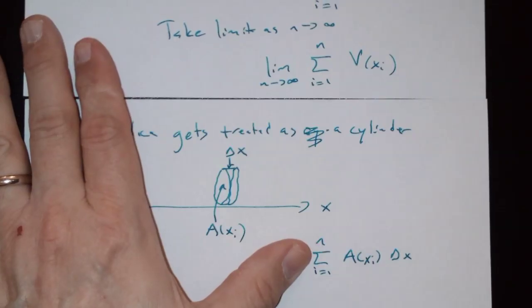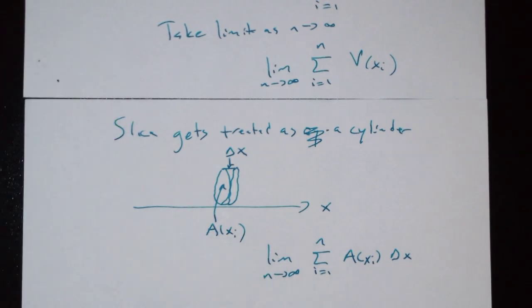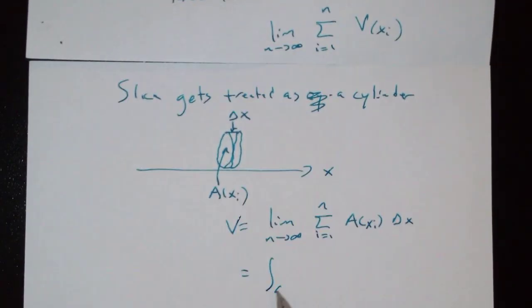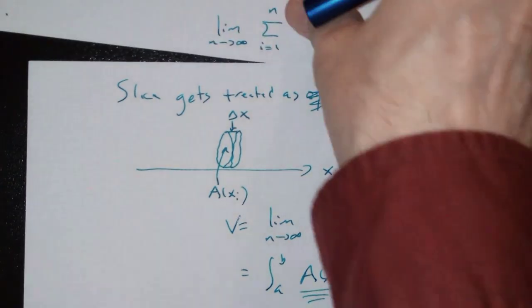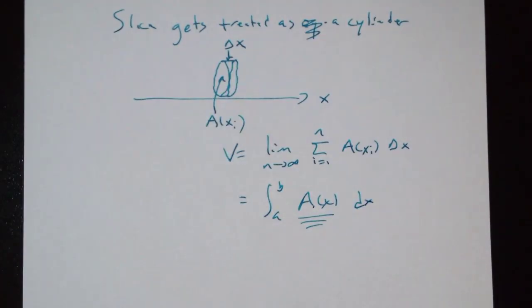That's a sum. Whose sum? That's one of my Riemann sums. And that means that this is a definite integral. This volume can really be done by integrating, as long as I know this area function. And that area represents a piece of my shape.